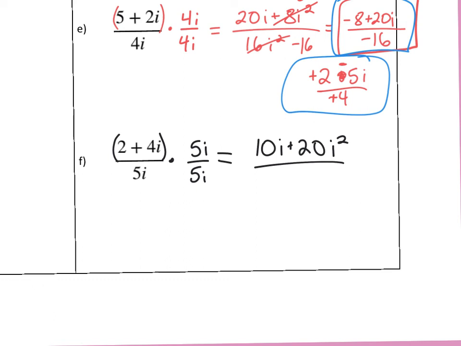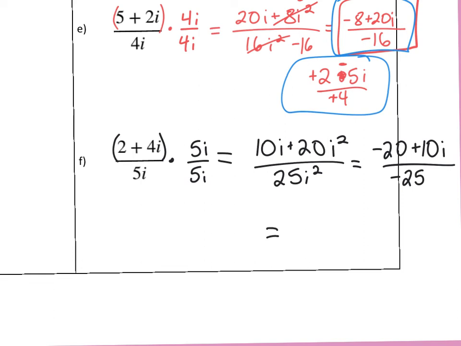Good. And then on bottom? 25i squared. Okay. The top, what does that simplify to? Negative 20 plus 10i. And on bottom? Negative 25.